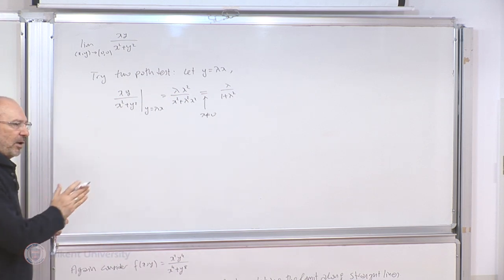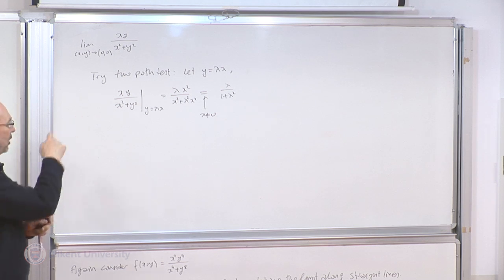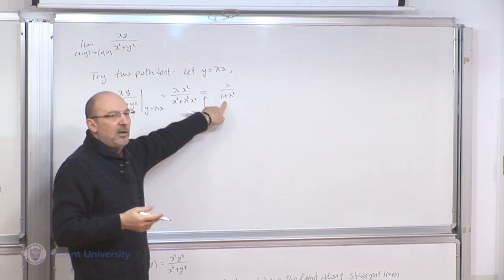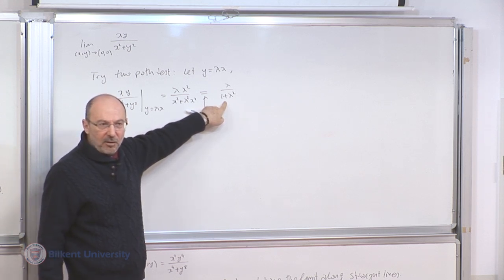So if you move along this line with slope lambda, at the limit you will get this thing, because now this is a constant. The limit of a constant is equal to the constant no matter where you are taking the limit.